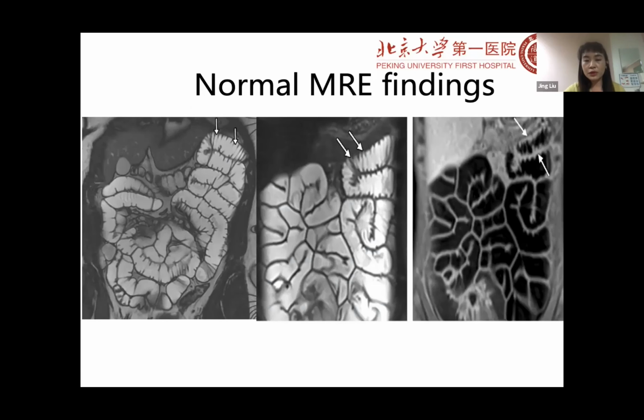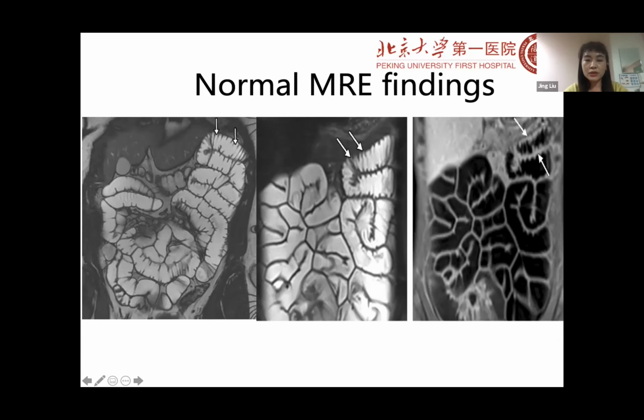So this is the normal appearance of the small bowel on MR angiography. Because of the fluid filled in the lumen for the preparation, the fluid inside the lumen will show very bright on both FIESTA and T2-weighted images, and we call this high signal intensity.